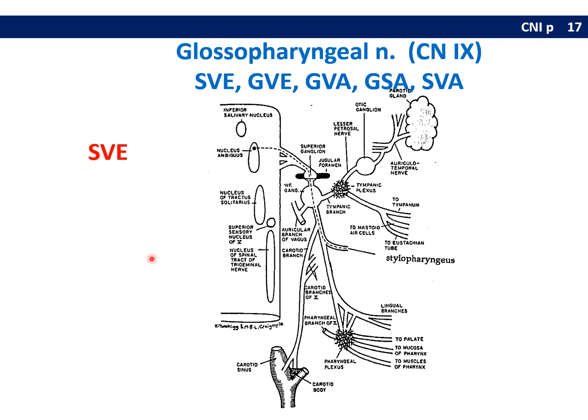All right, so here I'm showing you the SVE fibers associated with it. Coming from the nucleus ambiguus, these SVE fibers then go to innervate the stylopharyngeus muscle.